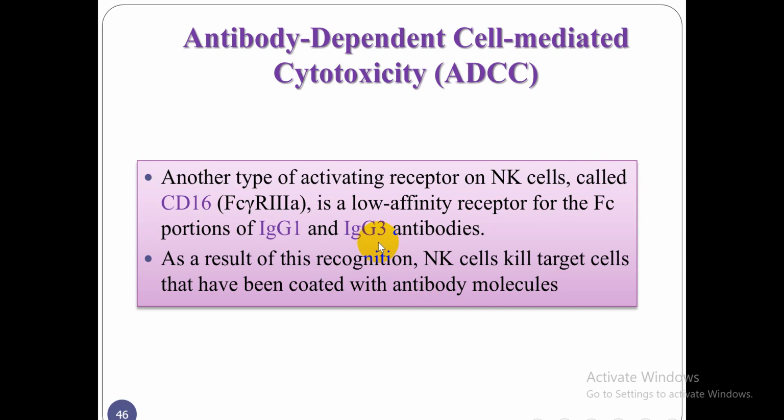When a microbe is covered by IgG1 or IgG3, the Fc part of this IgG can be recognized by CD16 on the surface of the NK cell, and the NK cell can kill the target cell which is covered by antibody.